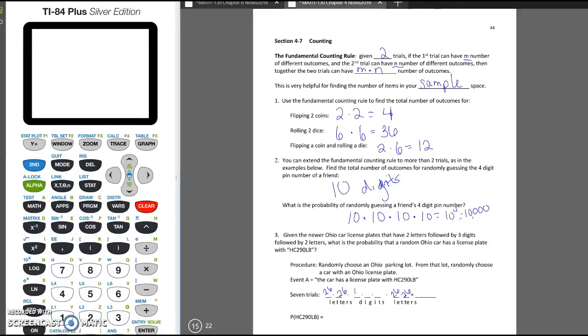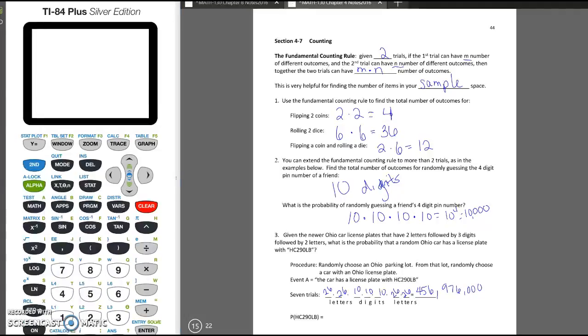And there are 10 digits. So if we do 26 times 26 times 10 times 10 times 10 times 26 times 26, we get 456,976,000.